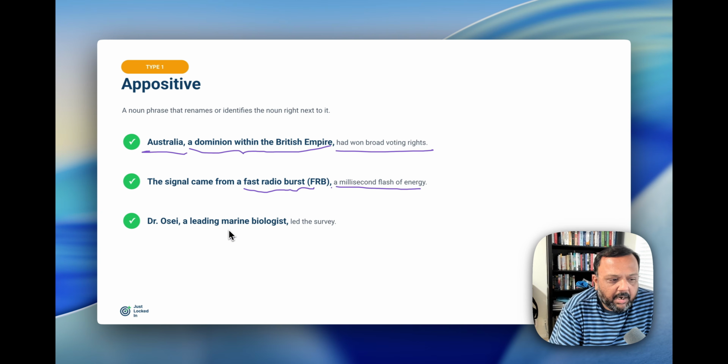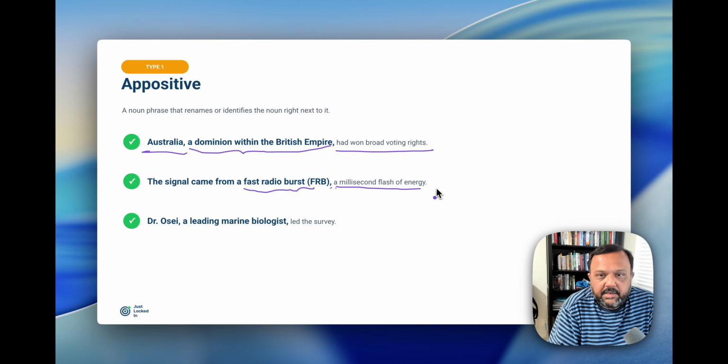Some people may not know what an FRB is, and therefore it defines what an FRB is, and therefore it is set off by a comma. And if you observe, this is at the end of the sentence, so there is no paired comma here. The sentence ends with the full stop. But you set it off with a comma because it is supplementary information.